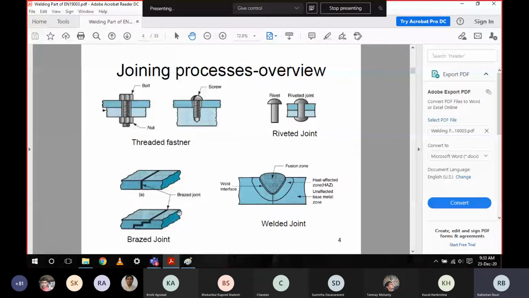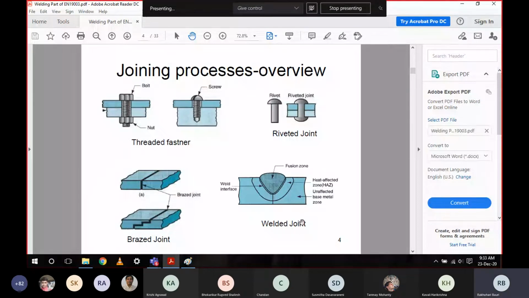Here is a brazing joint. Here you can see the liquid metal has been in this cavity. So in this kind of joining process, in a braze joint, the liquid metal also gets sucked into this narrow cavity with the help of the capillary process.